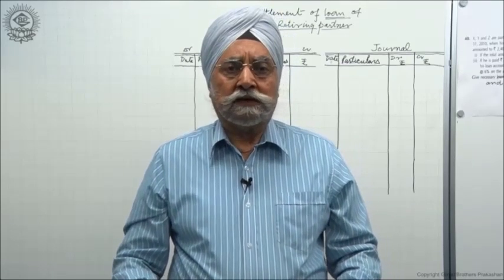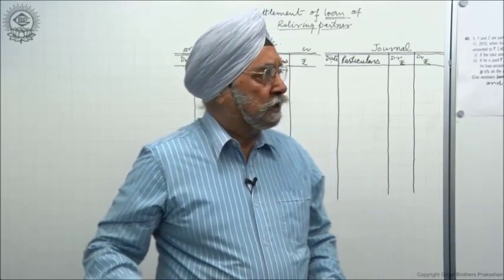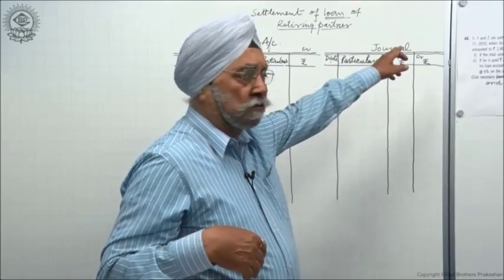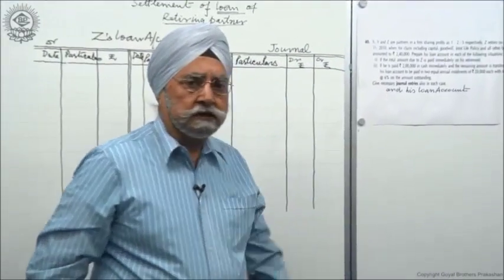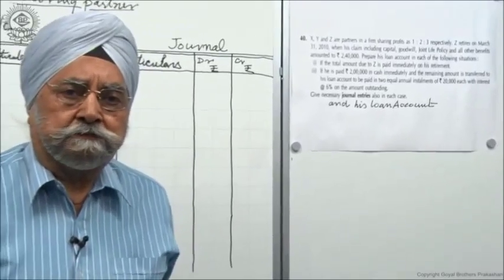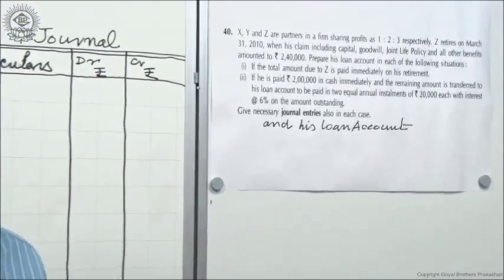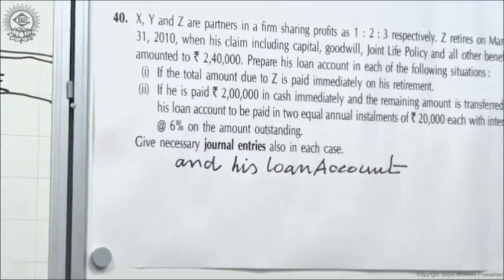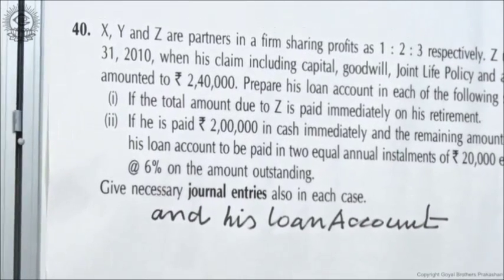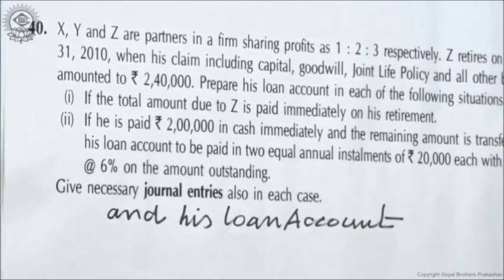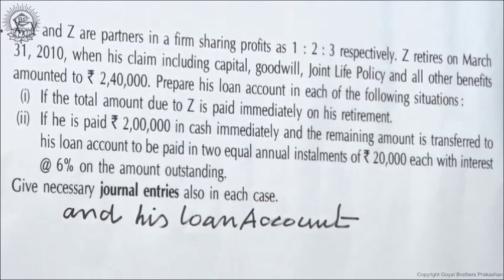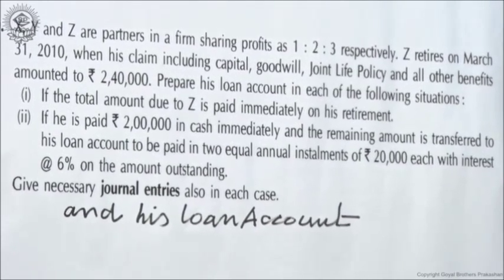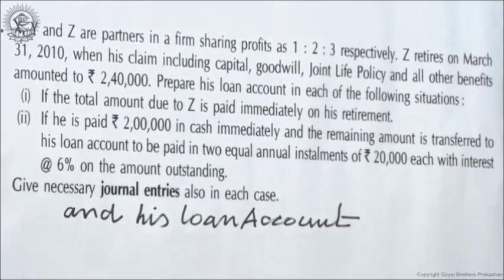For this, I have taken a problem from the book, problem number 40, in order to explain how to settle the loan account of the partner. See this, there are three partners in a firm. They share profits in the ratio of 1:2:3 respectively, and Z is retiring.